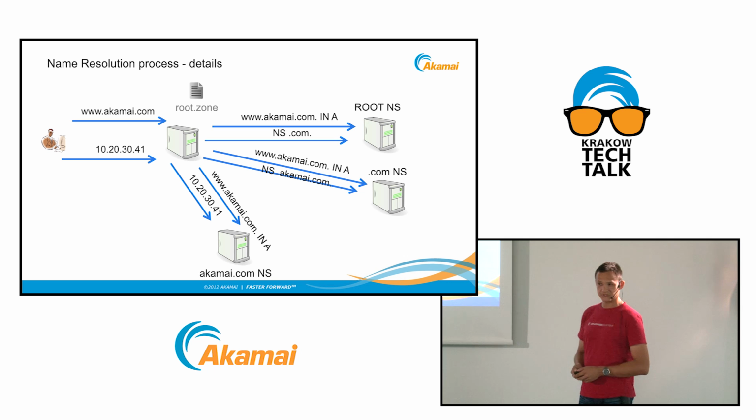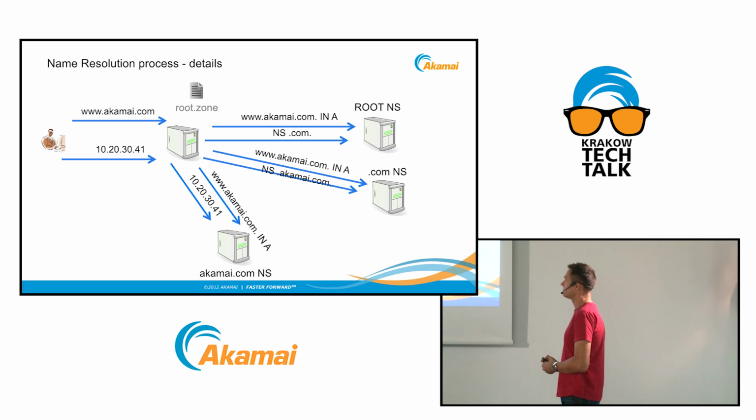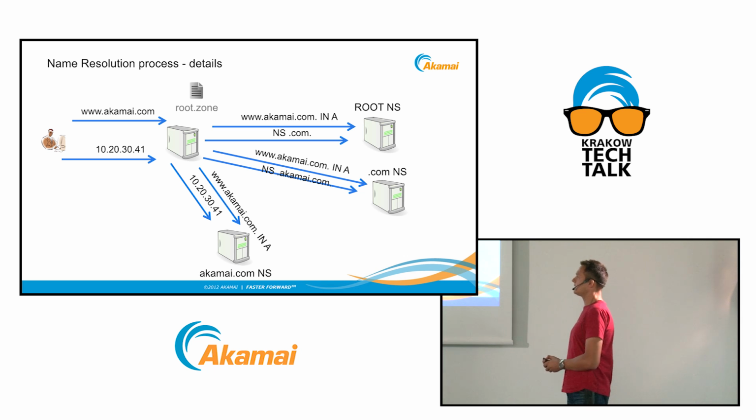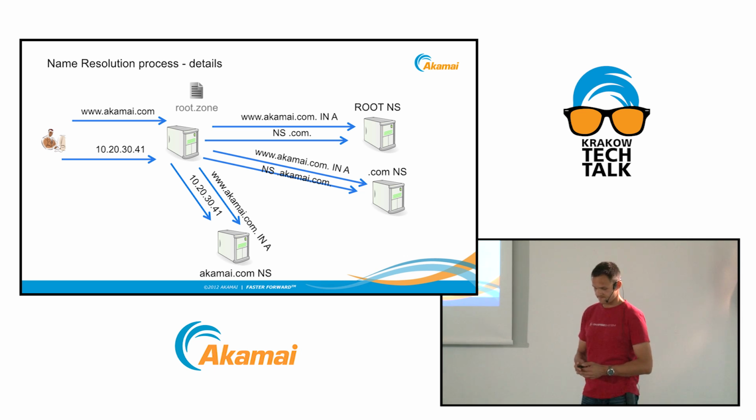And then again, our caching name server is reissuing the same request, but this time to the .com name server. And again, we are asking for an IP address for the Akamai.com domain name. But this one, again, does not have that knowledge, but he knows who may know this.